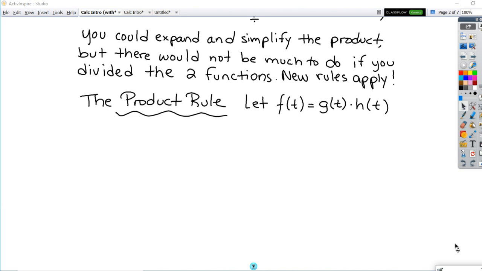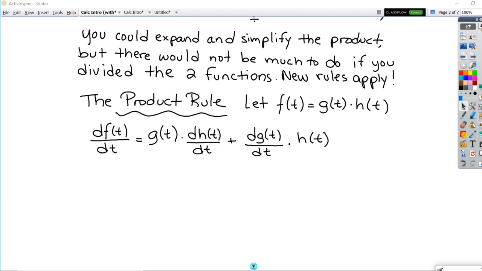So let's start with the product rule. For notation purposes, our function is going to be a product of these two functions, g times h. So g is a function of time, h is a function of time, and our function f is the product of these two functions. So what is the product rule?